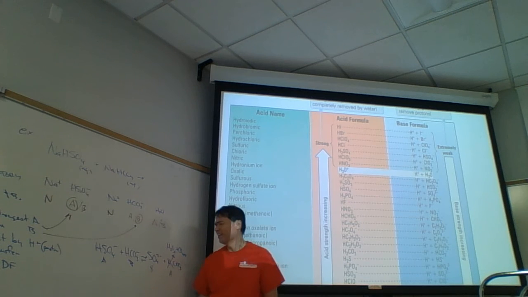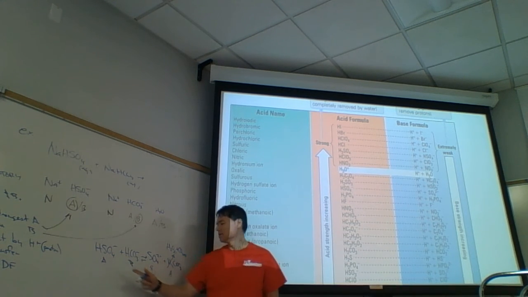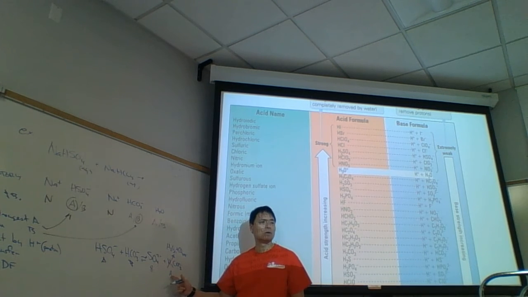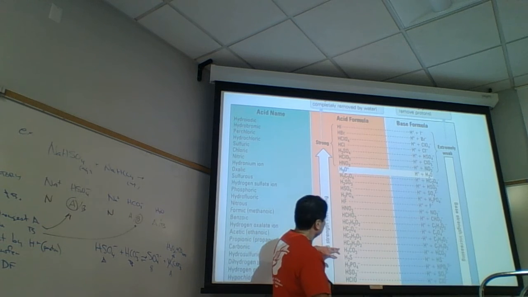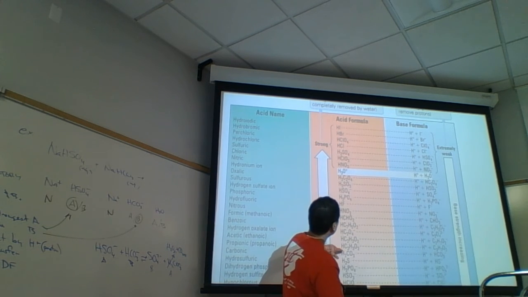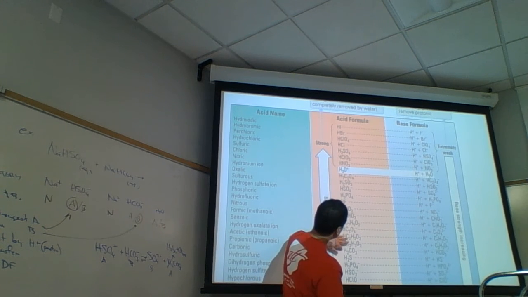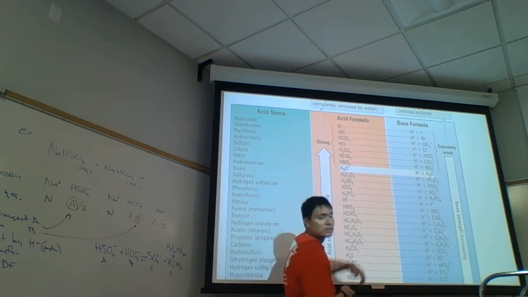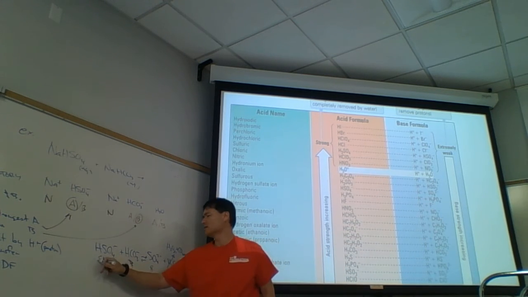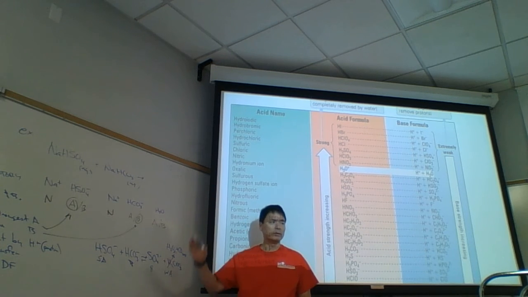Okay, then we compare. What are the two acids we're going to compare? We're going to compare bisulfate versus carbonic. Which one's stronger? Here's carbonic or bisulfate. Which one's stronger? Bisulfate. And so this is stronger acid to weaker acid. Therefore, it's downhill in the forward direction.